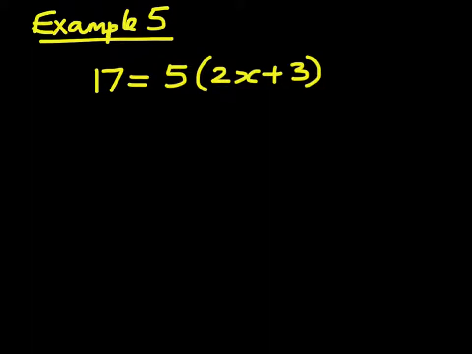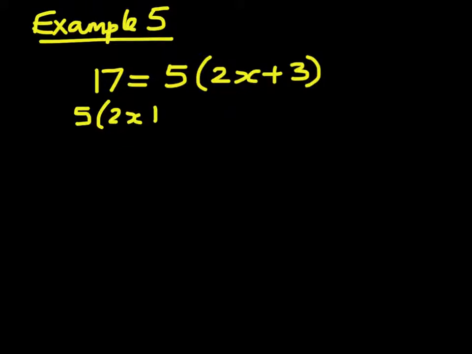Right, so our final example is just in case you get a situation where you're trying to solve an equation and the unknown's on the right hand side instead of the left hand side. So convention in math says that the unknown is written on the left hand side. So all we should do in this case is before we start to solve, we can just rewrite the equation reading in the opposite direction.